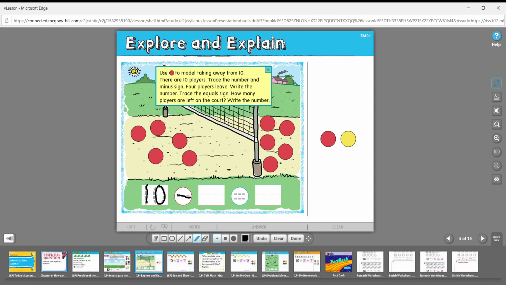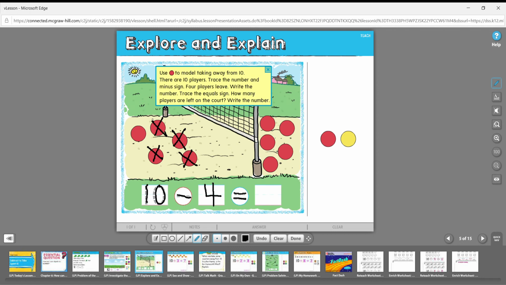Now, 4 players leave. Okay, so I'm going to cross those out. 1, 2, 3, 4. Now I need to write that number because that's how many leave. 4 players leave. Trace the equal sign. Okay, and now it says 10 minus 4 equals what?